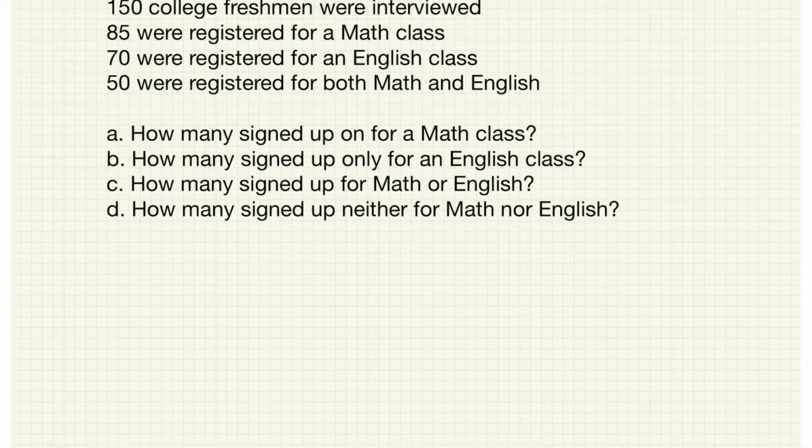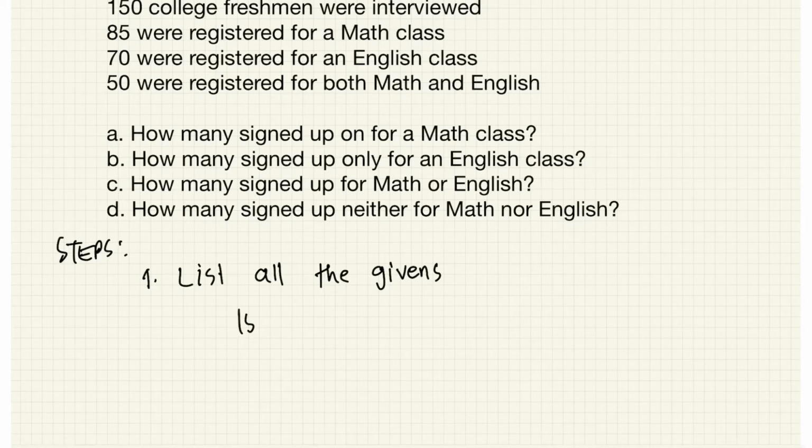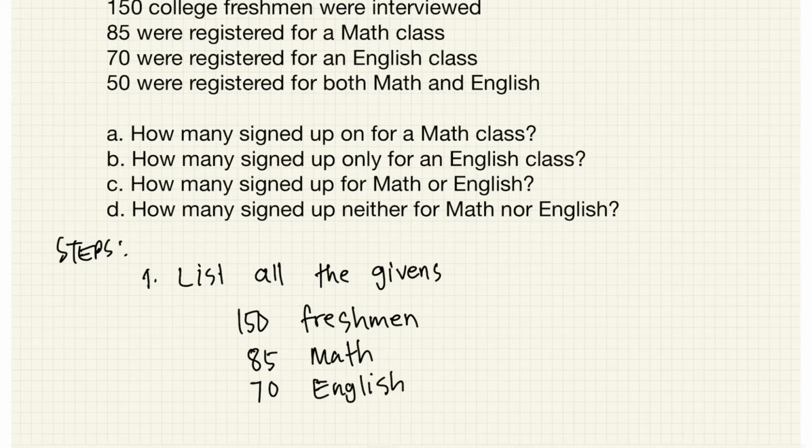So we proceed to the steps that we are going to use. For step one, you have to list all the givens. We list 150, the total number of freshmen, 85 who registered for math, 70 who registered for English, and 50 who registered for both math and English.